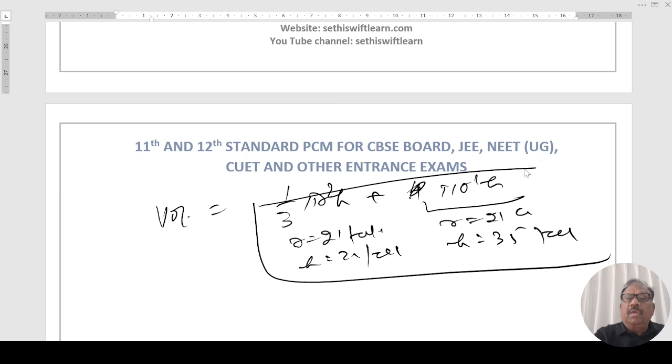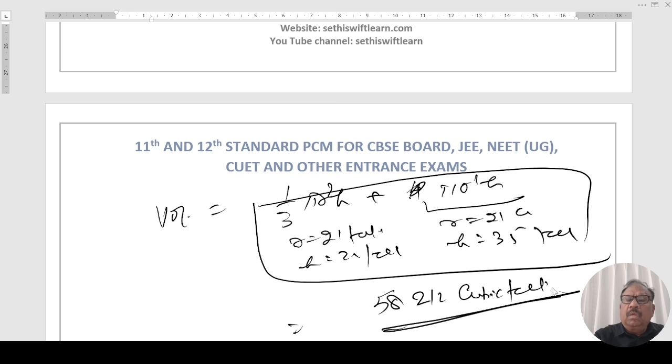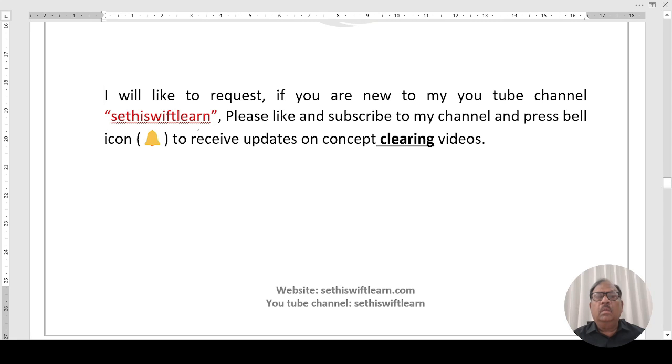Substitute the values and simplify. We get the answer as 58,212 cubic feet. That is the answer, right?